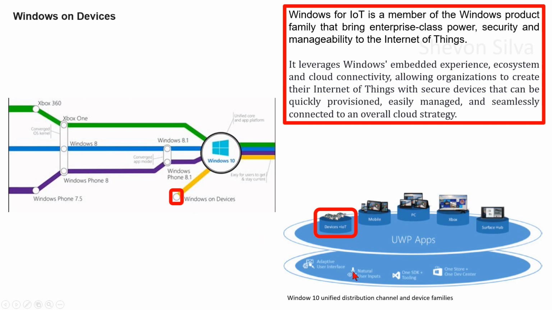Here you can see Windows 10 unified distribution channel and device families. Conceptually, this is really no different than what was offered 3 years ago when Windows 8 launched with the Windows Runtime.